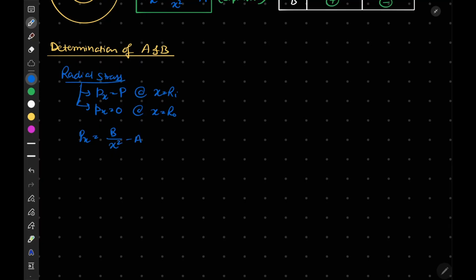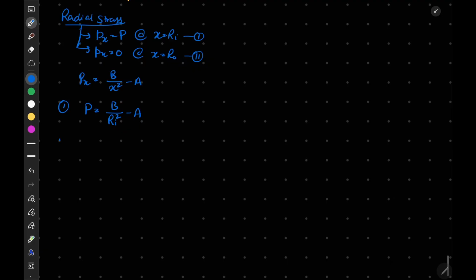So we substitute the values here. Let's say this is the first condition and this is the second condition. From the first condition we obtain p is equal to b by ri square minus a. From the second condition we obtain 0 is equal to b by r naught square minus a.